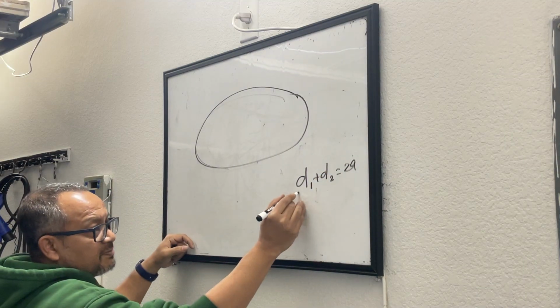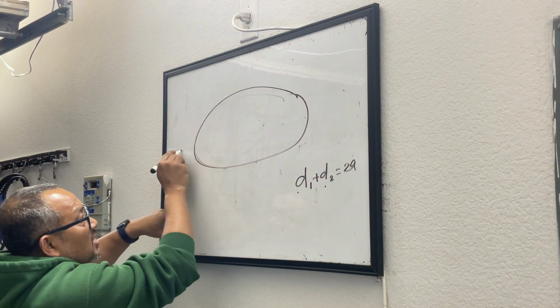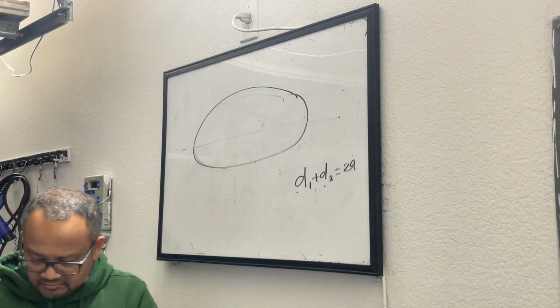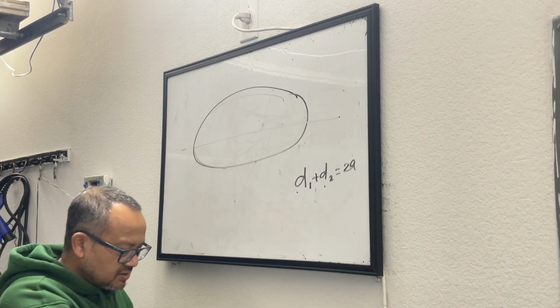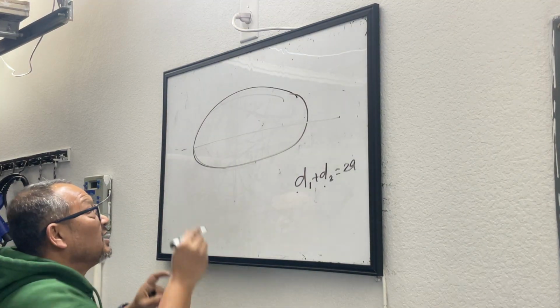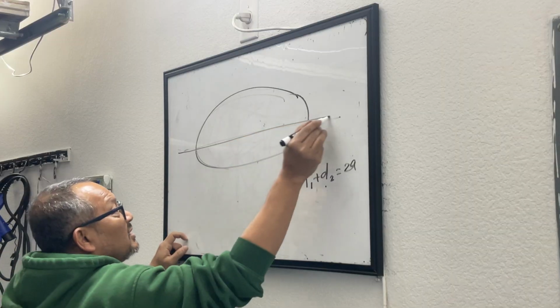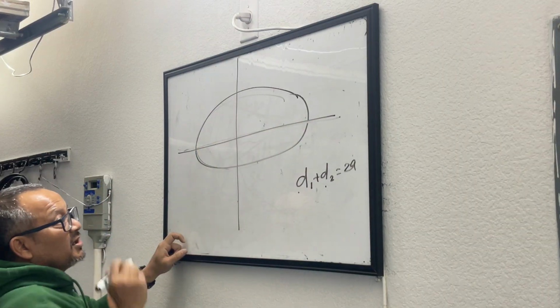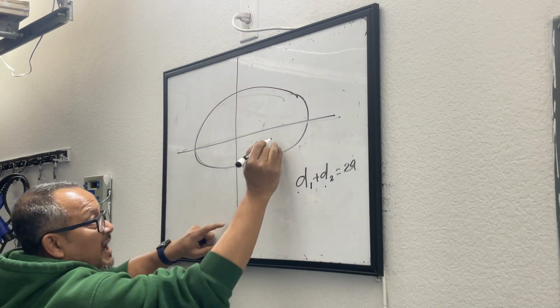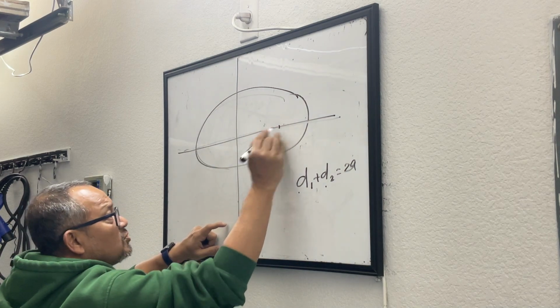And when I say d1 plus d2, I'm talking about this. Okay. So this is my major axis, this is my minor axis, and by definition it says the 2 points.